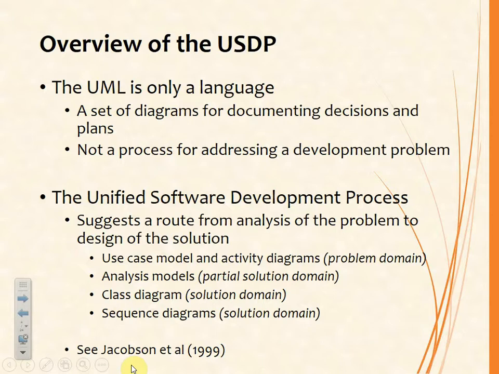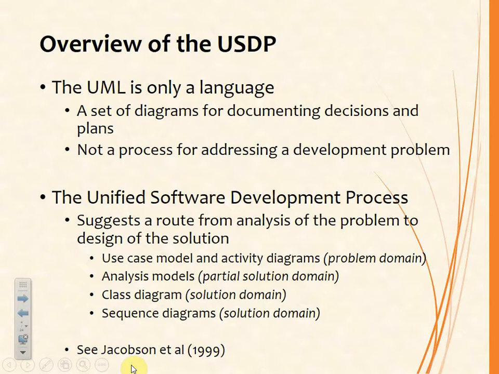Being a language, it's only a set of diagrams that we use to record our decisions as we plan our applications. What they don't do is tell us how we can address the problems that we're trying to solve. Therefore, what we really could do with is some kind of process that will guide us through the problem-solving process.